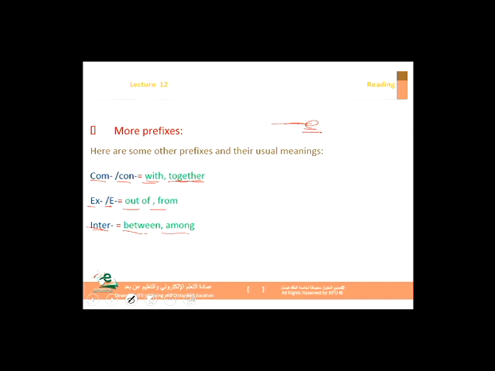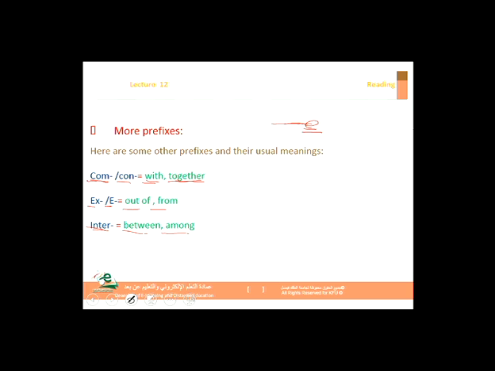So, com, for example, you can look at examples using the internet. You can find thousands of words that start with com or con, ex, e, inter. There are thousands of examples that you can find online. So com, for example, combine.